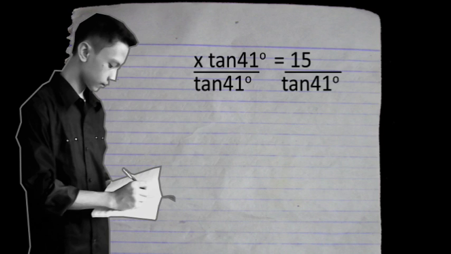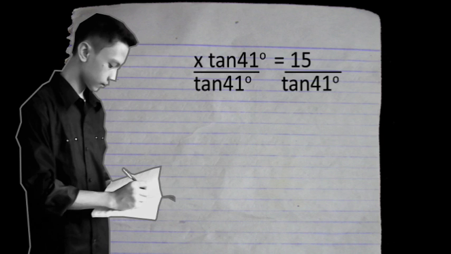Cross multiply the x. Then the equation is x times tangent 41 degrees is equal to 15.24 meters. Divide both sides by tangent 41 degrees to have a value for x. And crunch it out.